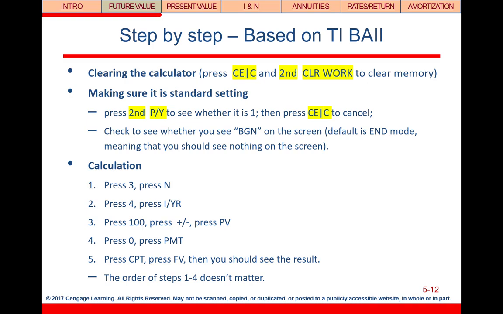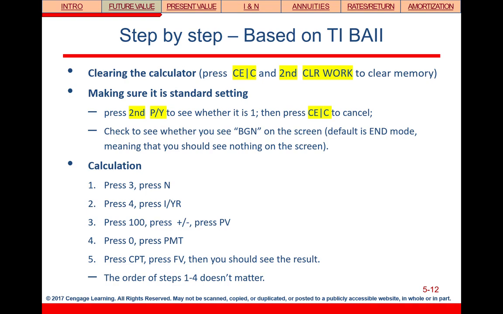How to check it? Press second, press P/Y. P/Y is the orange words above the I/Y button. Then on your screen, you should be able to see P/Y equal to 1. It means that periods per year equals 1.